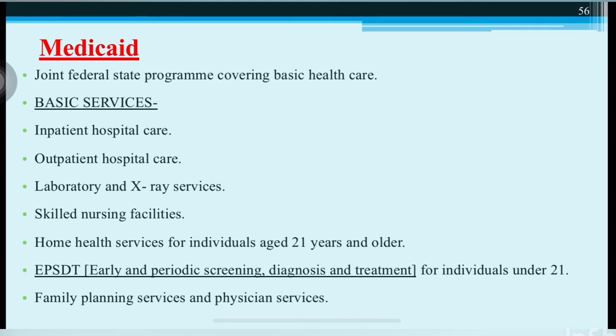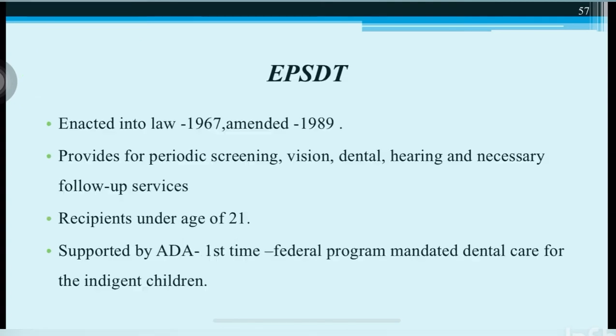There's one thing called EPSDT, the full form of which is early and periodic screening, diagnosis and treatment for individuals under 21. Okay. So the Medicare was for the people above 65 and EPSDT was basically for the individuals under 21 years. It also included family planning services and physician services.